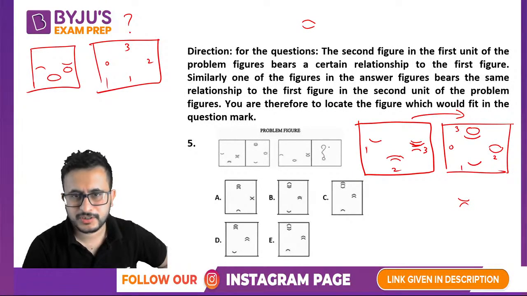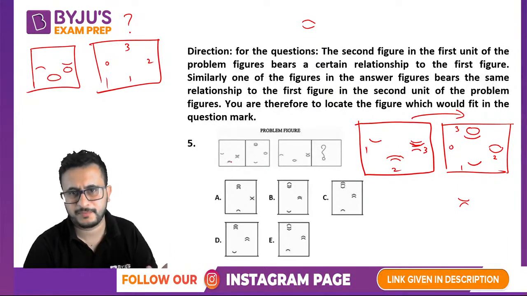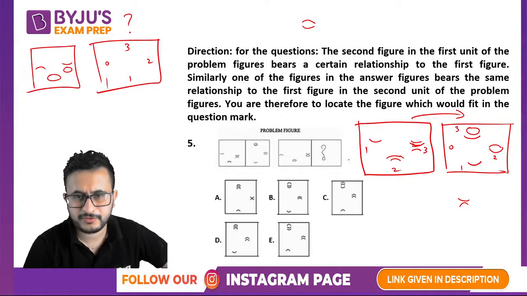I'm not getting the logic. First is that this will get reversed, but which one? This above or below? We are not able to find out.